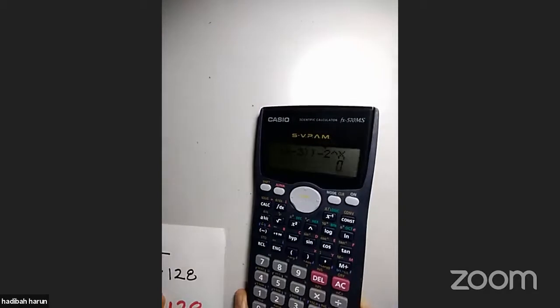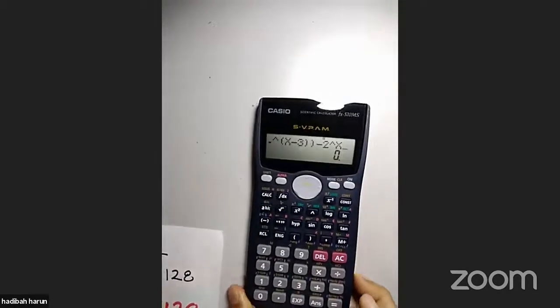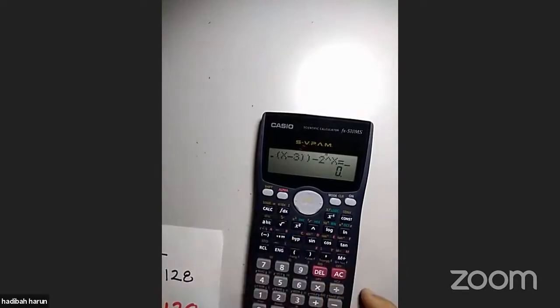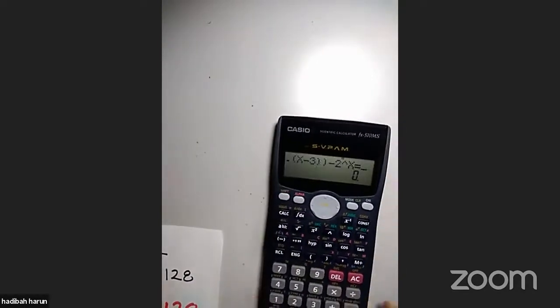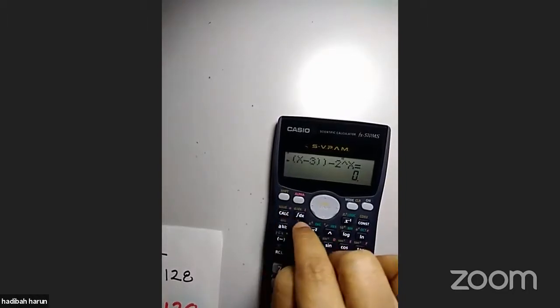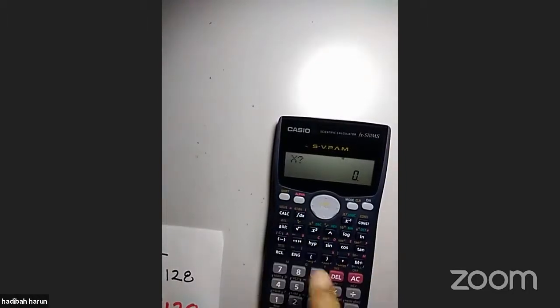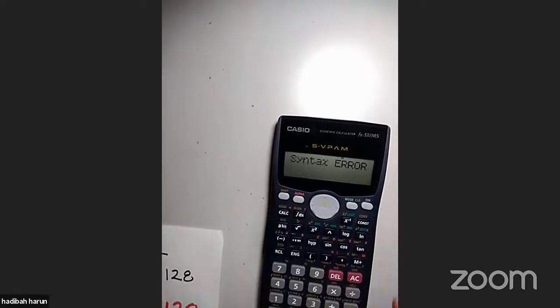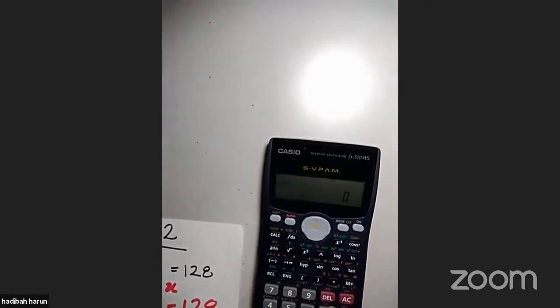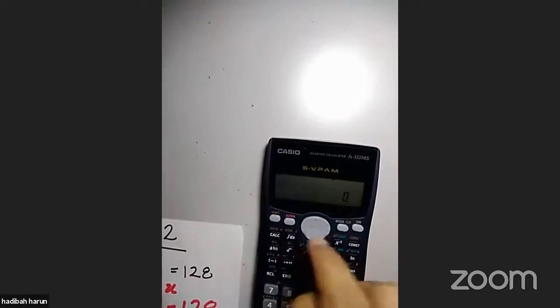Equal sign, be careful. Your equal sign is alpha, equal, x is equals to 0, then shift, calculate. Oh, it's a syntax error. Never mind, we just need to type again. Be patient.